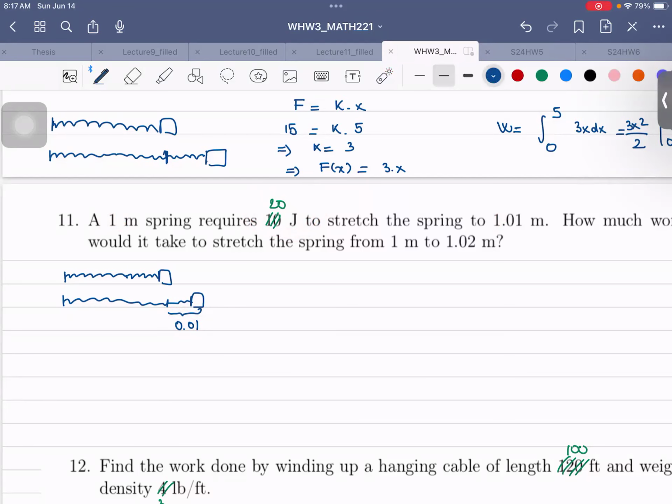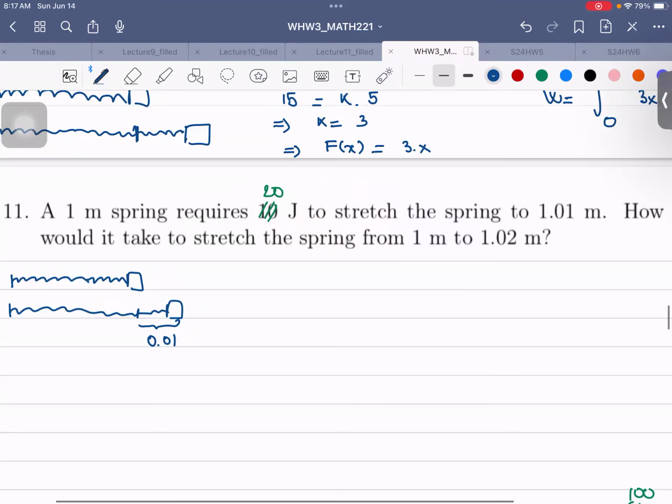And the question says the spring required 20 Joules to do that. So that means, let me suppose that the spring force is k times x. To stretch the spring out 0.01 meters, the work you need to do is the integration from 1 to 1.01.